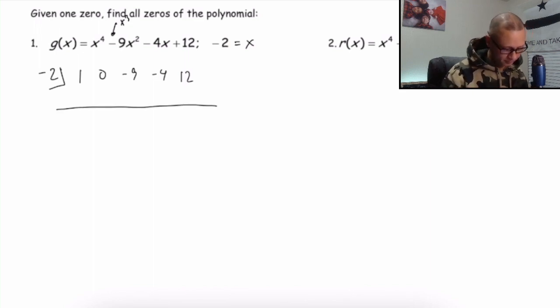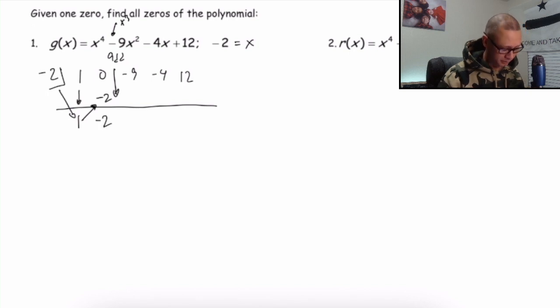Okay. Starting the synthetic division process, we bring down first coefficient. We multiply times -2. So -2. And then we add. So 0 plus -2 is -2.